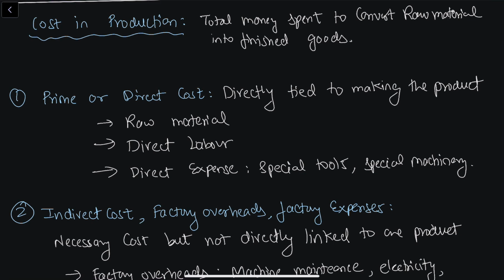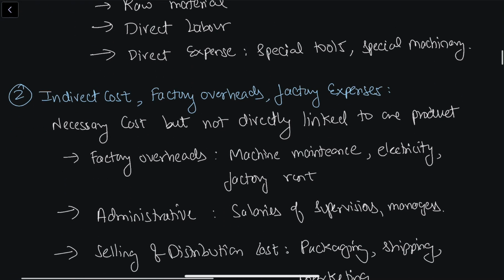If I talk about the indirect cost, it is nothing but factory overheads, factory expenses. These are necessary costs, but not directly linked with the product. For example, factory overhead costs include machine maintenance, electricity, and factory rent. If you set up a machine, the maintenance has to be done regularly, say annual maintenance.